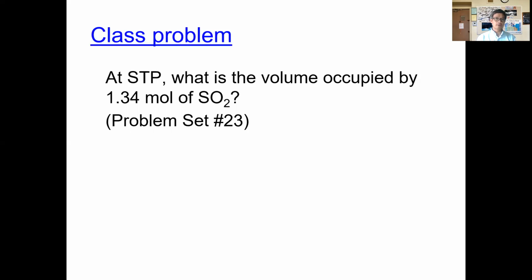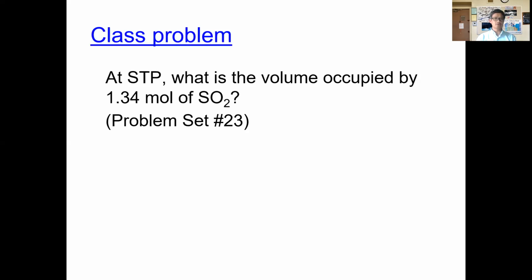Well, the mole is equivalent to a very large number of objects, and that number is so large and comes up so often, we give it a name and we call it Avogadro's number. And that Avogadro's number is 6.02 times 10 to the 23rd. So we have two relationships that we can take advantage of to do our conversions.